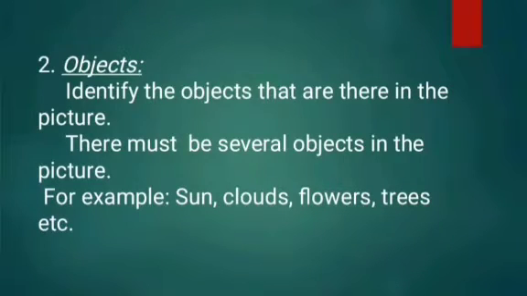The second rule is objects. Identify the objects that are there in the picture. There must be several objects, like sun, clouds, birds, trees, grass, etc. Look at the objects and write about them.